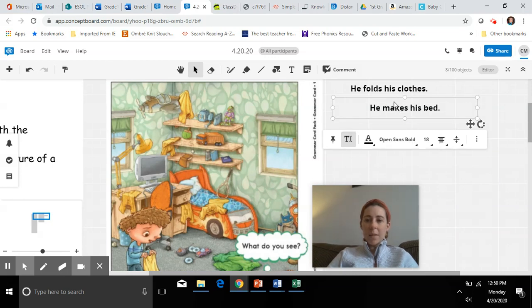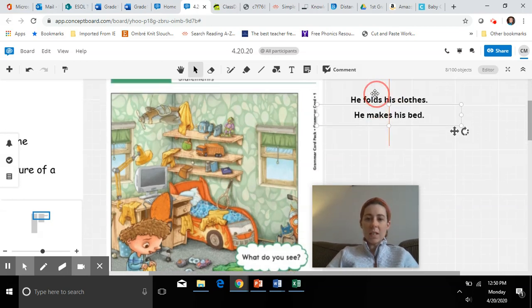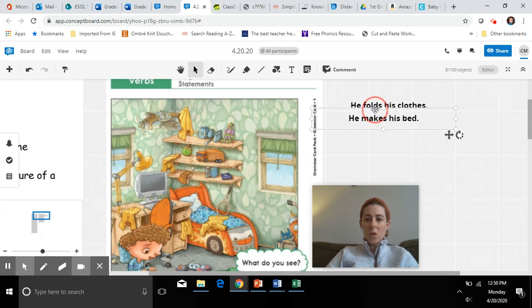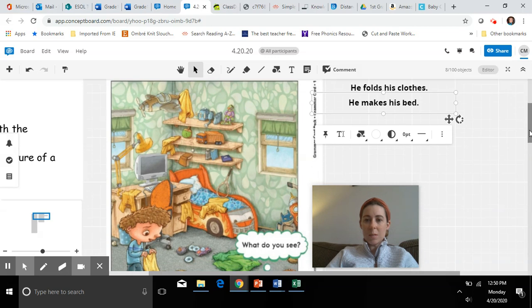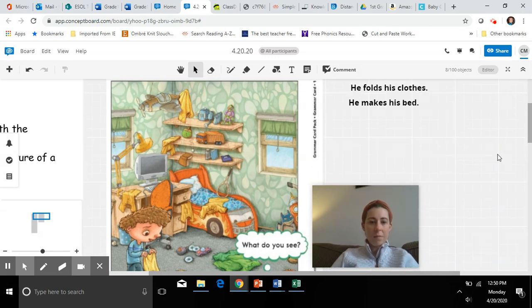Now I could stop there. I have 2 sentences, or I could connect them together. So let's practice connecting them together. If someone said, "What did the boy do to clean his room?"